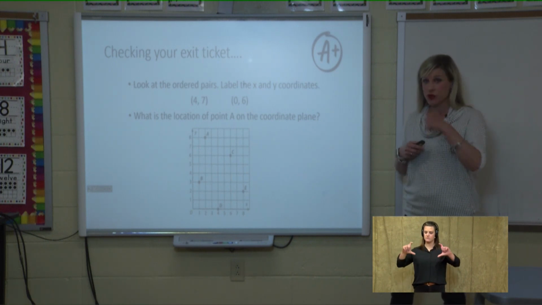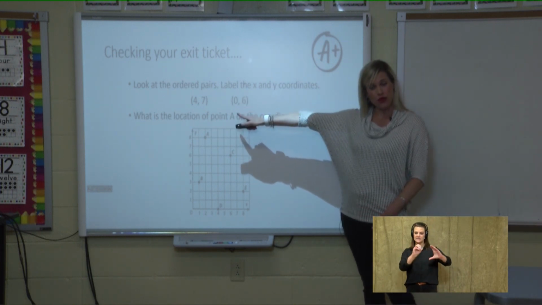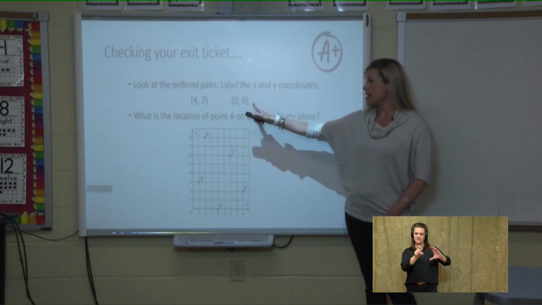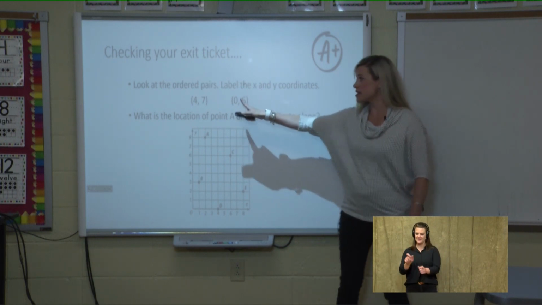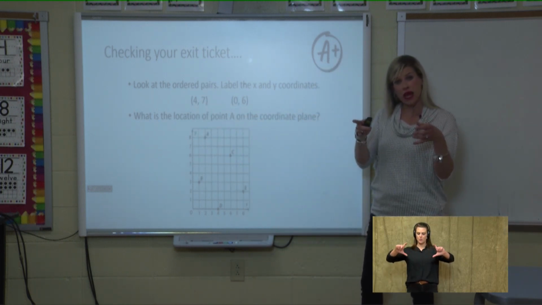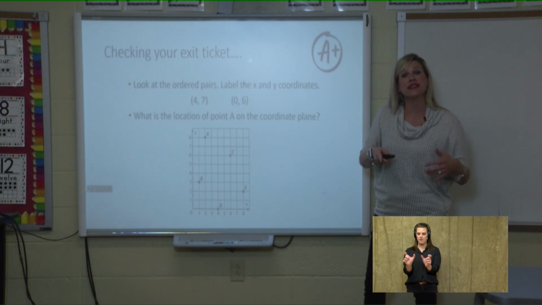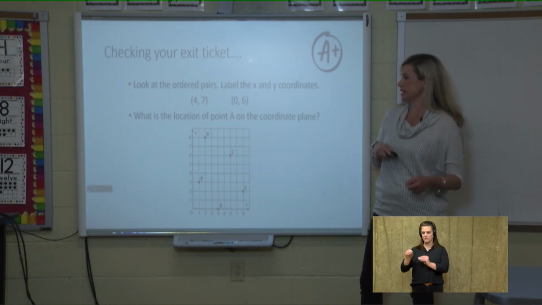If you did, you're on the right track. And for this one, did you put that 0 was the x and 6 was the y? Yeah, that's exactly right. So the first number in our ordered pair will always be the x coordinate, and the second number is going to be the y coordinate.